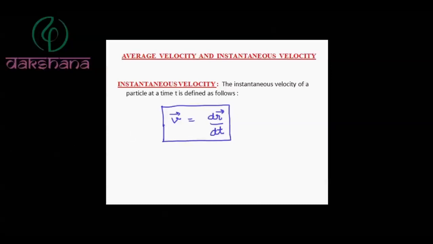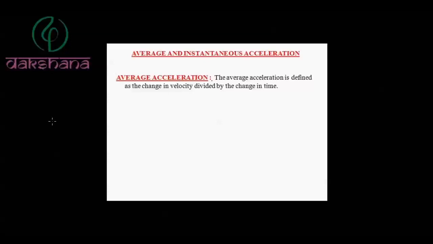Now we will see what average acceleration is. The average acceleration is defined as change in velocity divided by change in time.